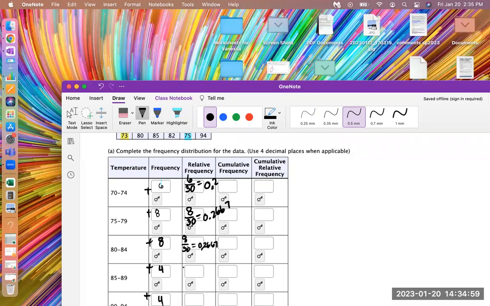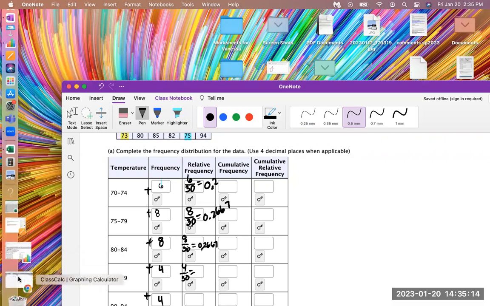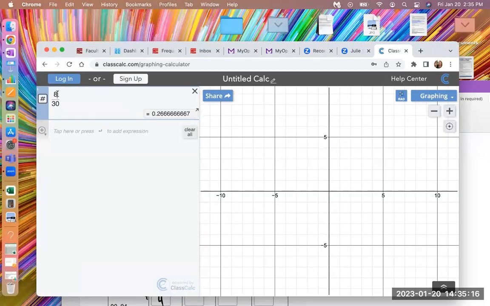Then it's 4/30 for this one, which is 0.1333.